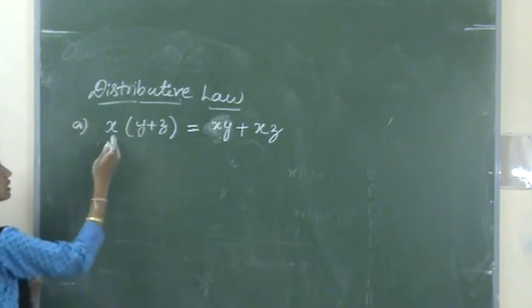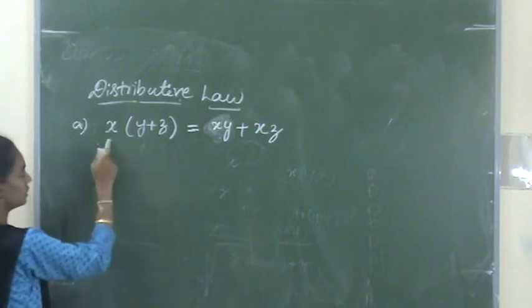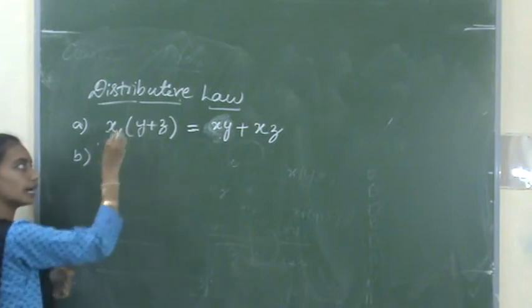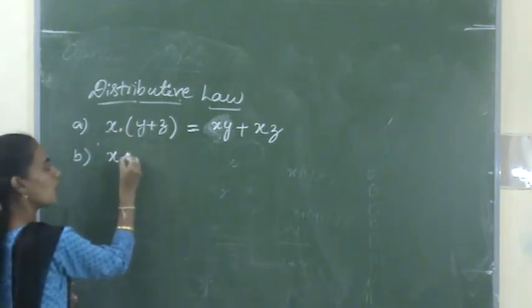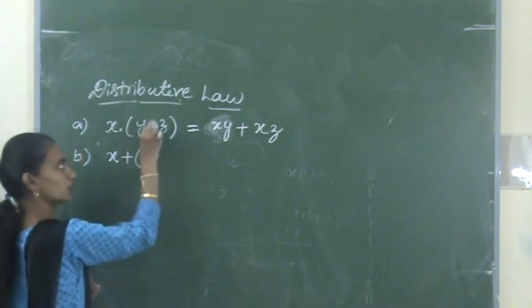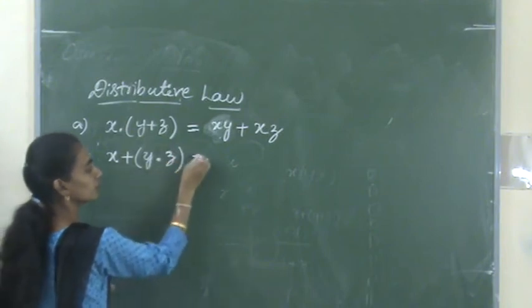So another one is the complement, or dual property, of this theorem. So here I am performing the AND operation, change it to the OR operation, and here I am performing the OR operation, change it to the AND operation, right.